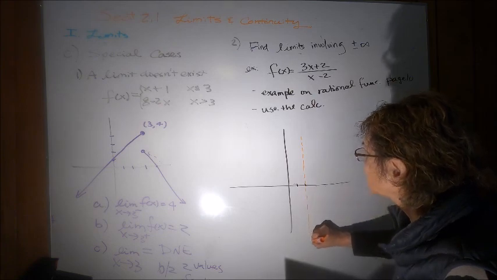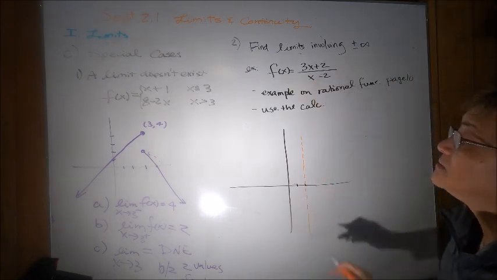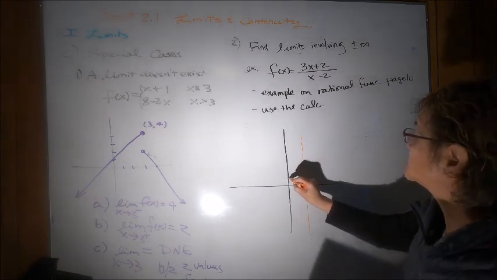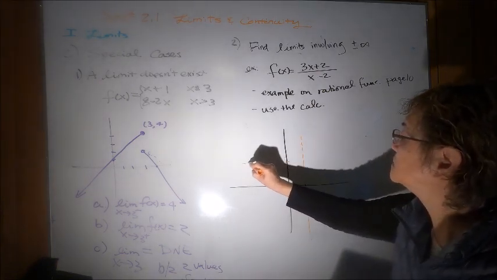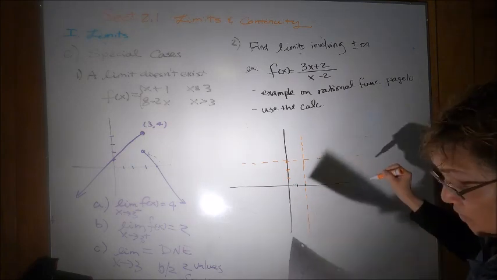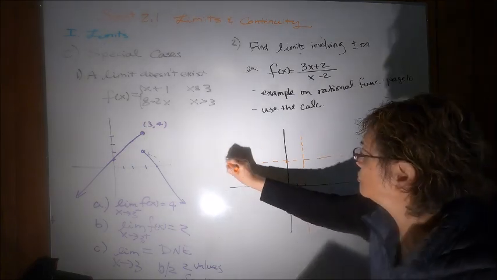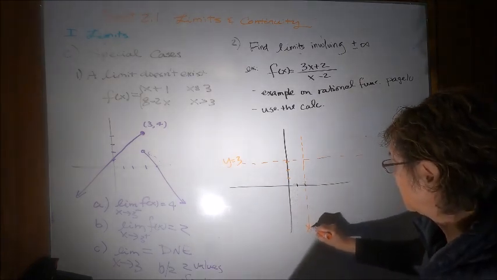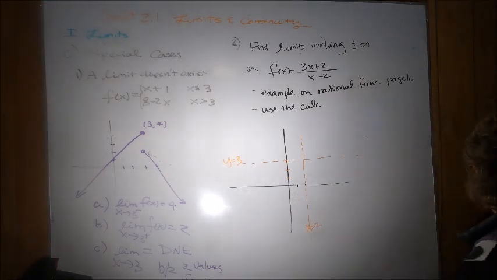That's your x limitation. When we use the calculator, the graph will look like this. This is your y equals 3. This is your x equals 2. When you graph it, you get this.